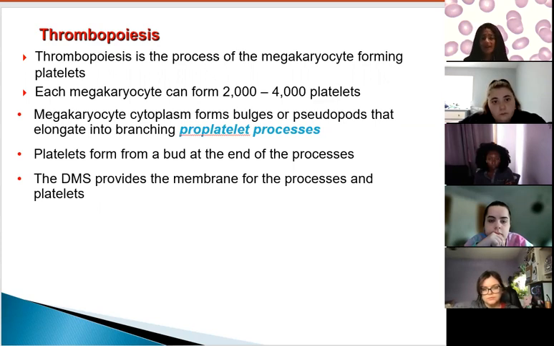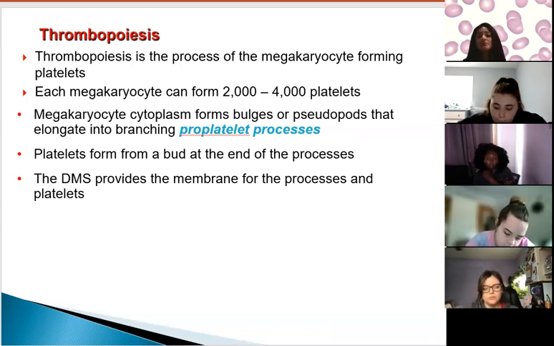Megakaryocyte cytoplasm actually forms bulges or pseudopods that elongate into branching proplatelet processes. The platelets form from a bud at the end of these processes, and the DMS is something equivalent to the plasma membrane of a megakaryocyte. The DMS provides the membrane for the processes and the platelets.